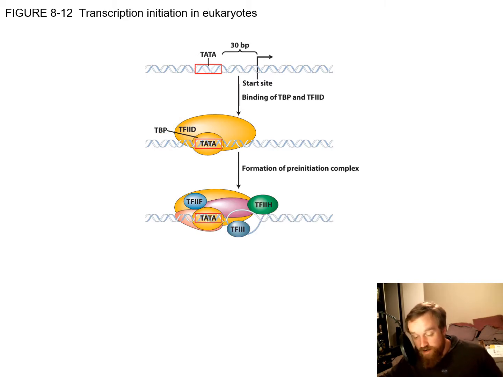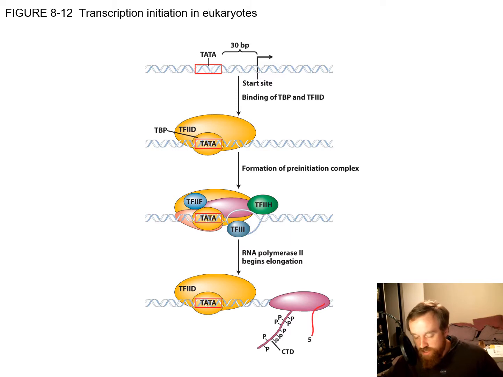So once there, that TBP, that TATA binding protein, will recruit other transcription factors to that start site. So we have TF2F, TF2H, TF3, but it will also recruit RNA polymerase, which remember was that holoenzyme that had multiple components to it that we said we would denote as an egg from now on. So this is a very elongated egg, but that was that transcription machinery made of alpha, beta, sigma, and omega groups, and we'll recruit that to the TATA spot.